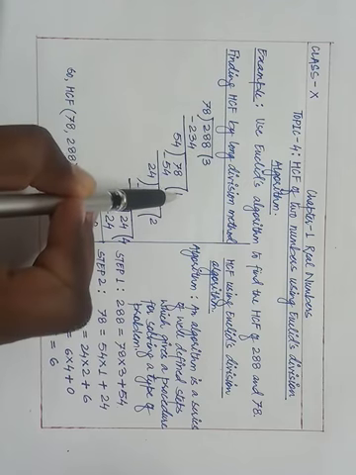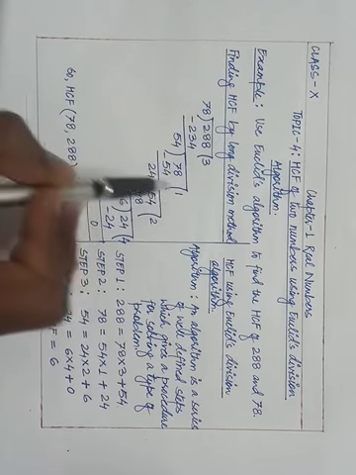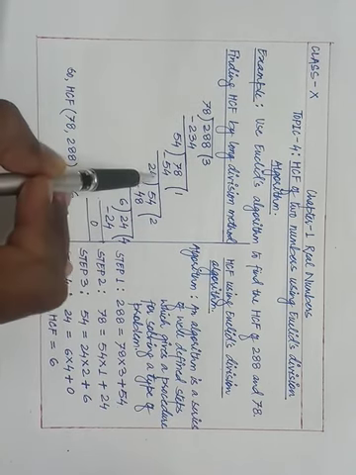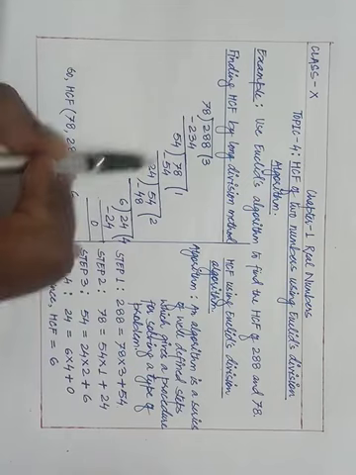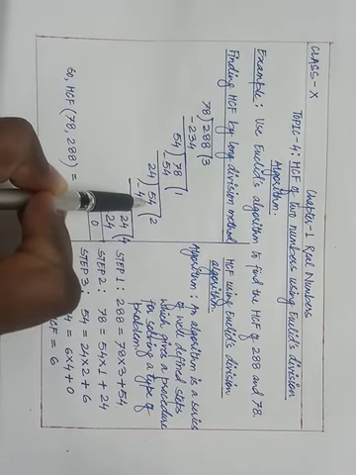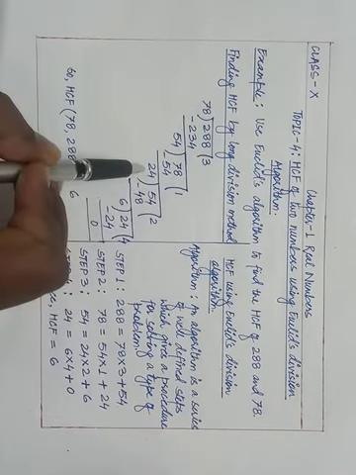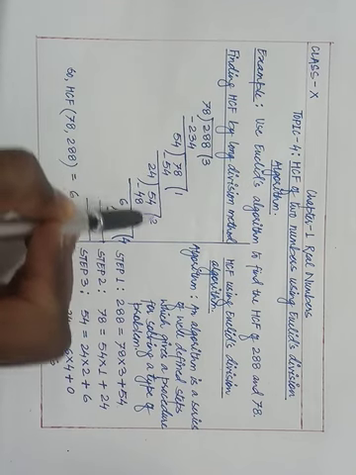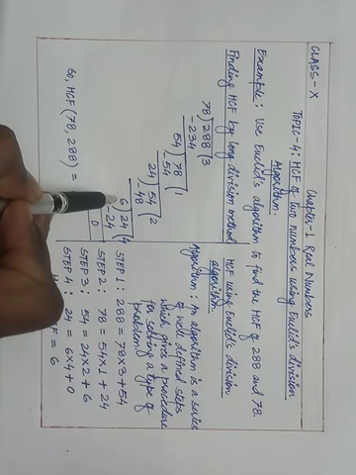So 54 goes into 78 one time, leaving remainder 24. Again, the remainder is not equal to 0. So 24 will become the new divisor and 54 will become the new dividend. Now we can again see the division process, that 24 goes into 54 two times, leaving remainder 6.